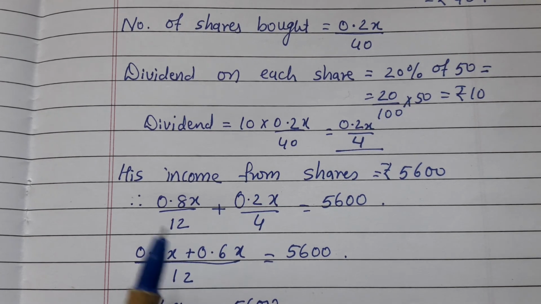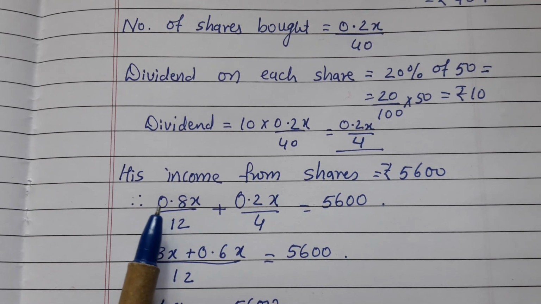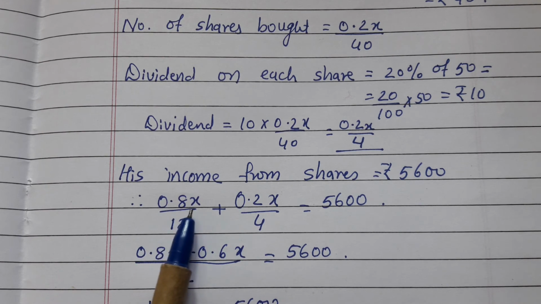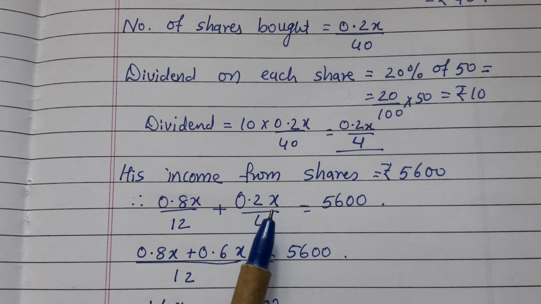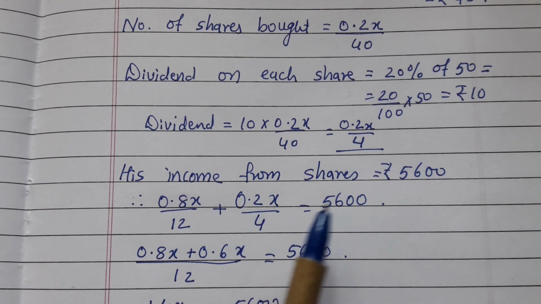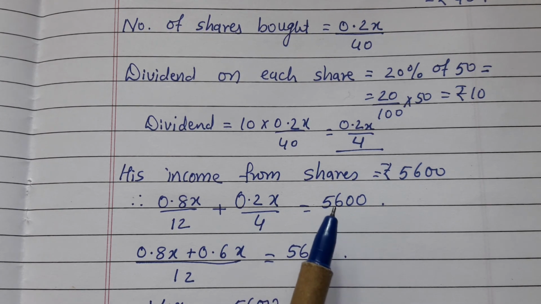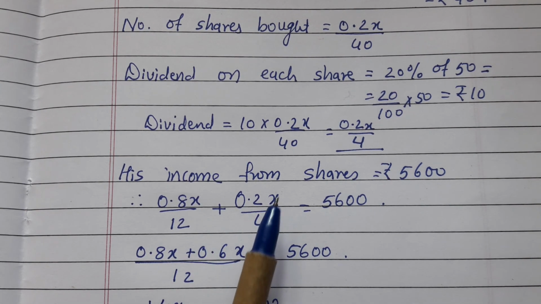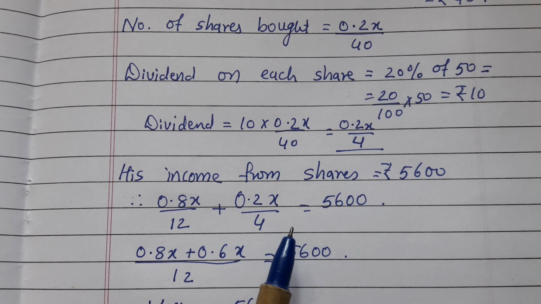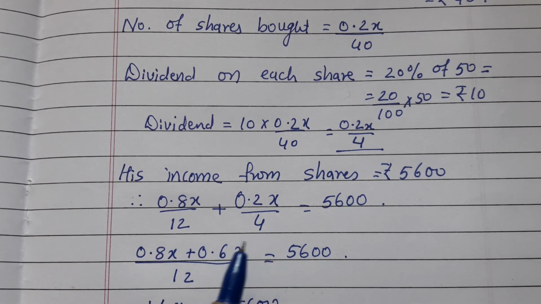Therefore, income from the first share bought was 0.8x upon 12. From second share, 0.2x upon 4, is equal to 5,600. LCM here is 12. So this term I have to multiply and divide by 3. Therefore, 0.8x plus 0.6x upon 12 is equal to 5600.